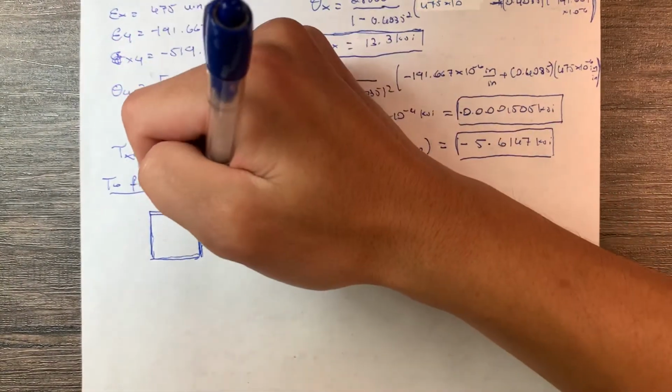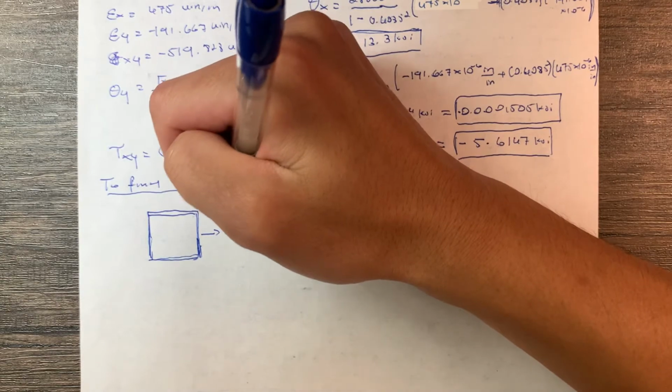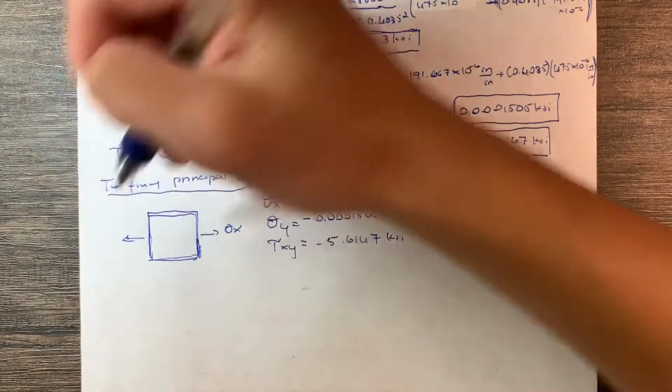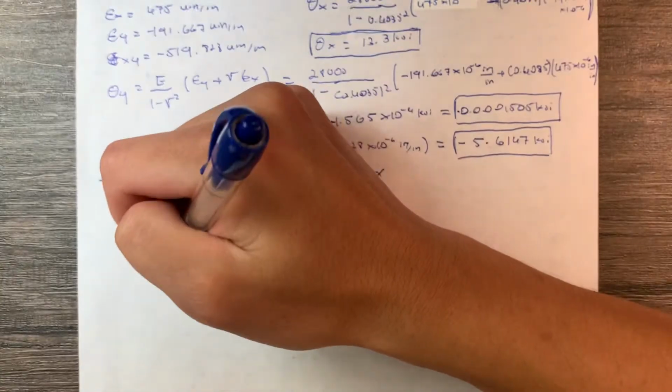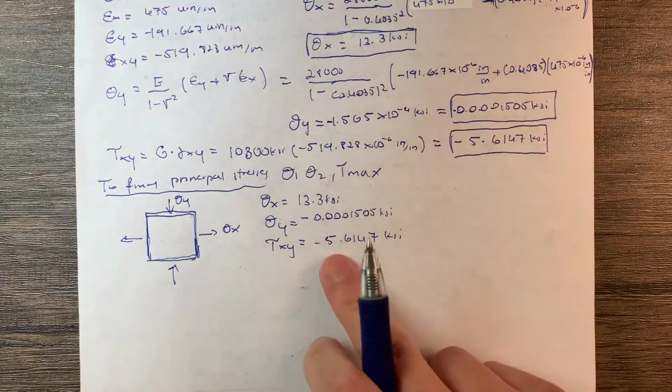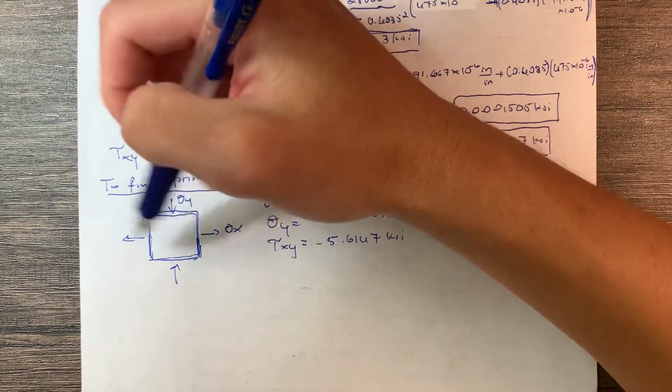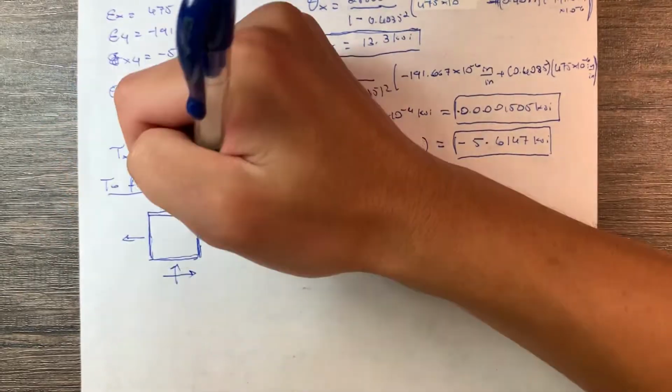If you put this into the diagram, it looks like this: the stress in the x direction is sigma x, and this is negative sigma y, and tau, since this is negative, think of it like a negative slope, so it would have a direction like this.